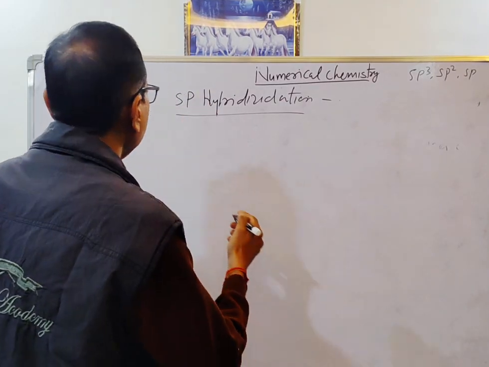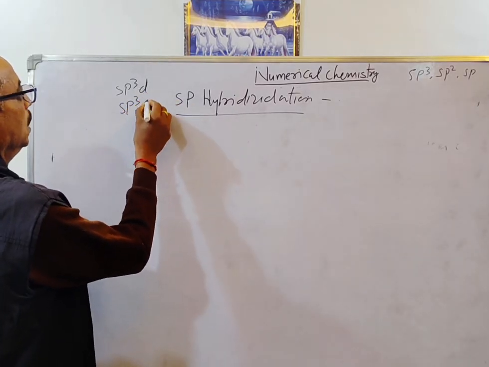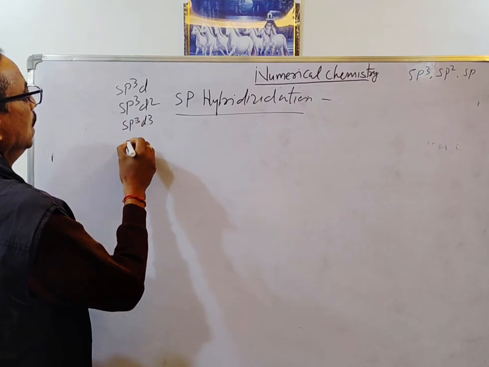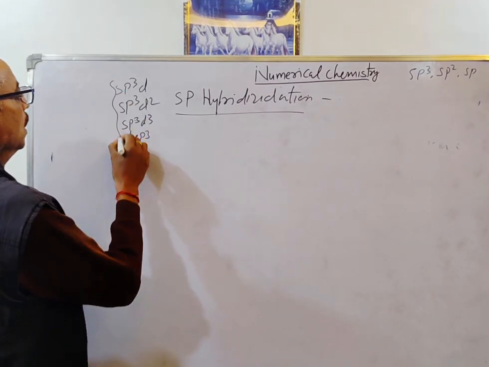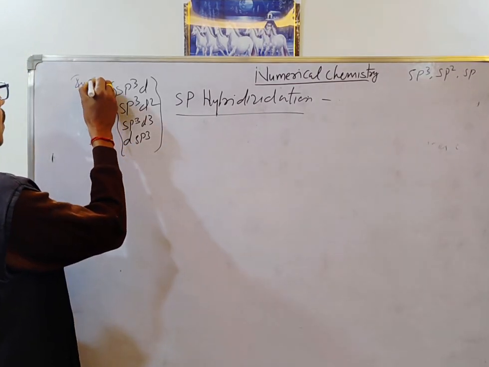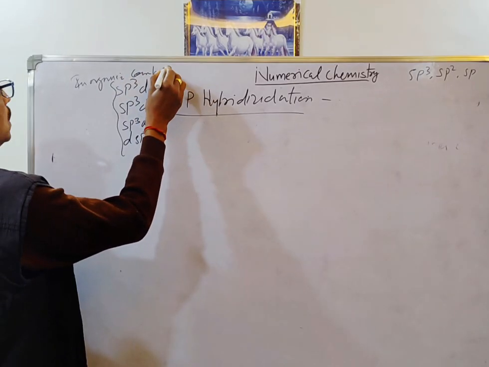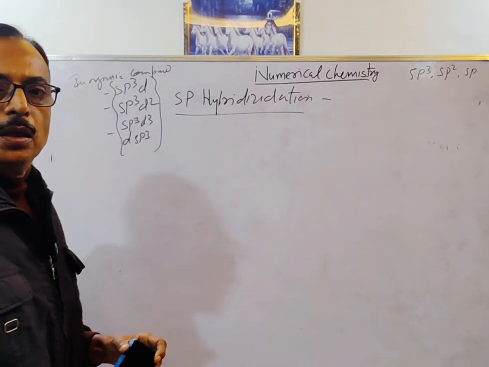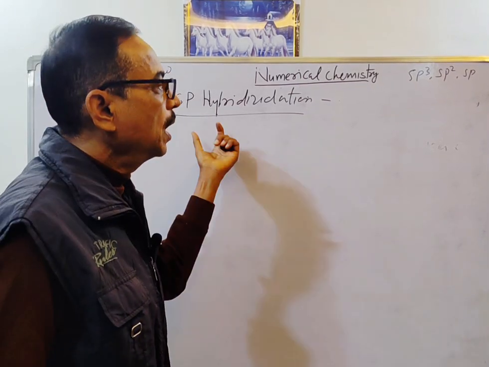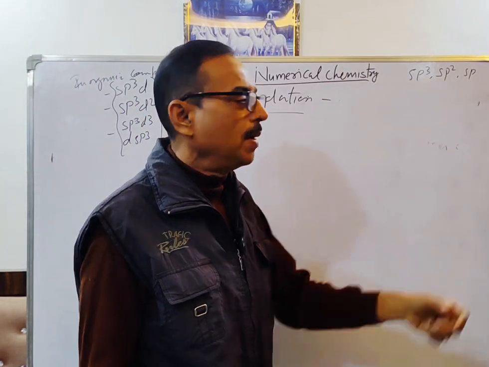It can also be of type sp3d, sp3d2, sp3d3, dsp3, this way. This is also a type of hybridization found in inorganic compounds. So I will discuss this type of hybridization in inorganic chemistry. Here we focus on organic chemistry, where carbon shows sp3, sp2 and sp types of hybridization.